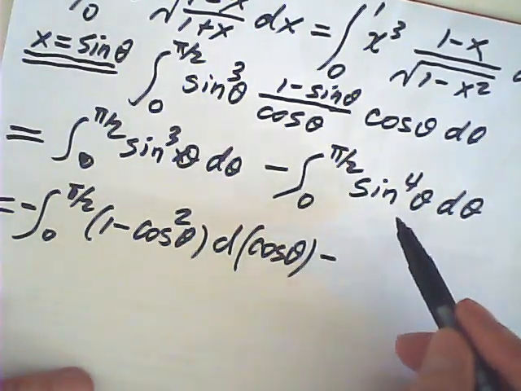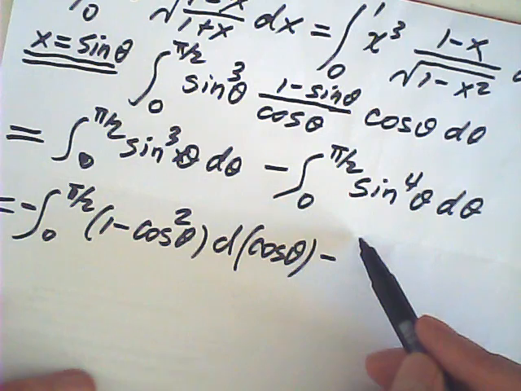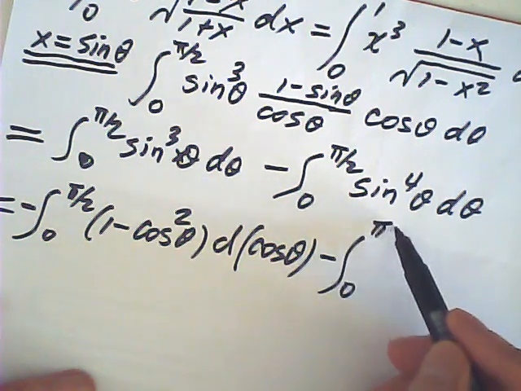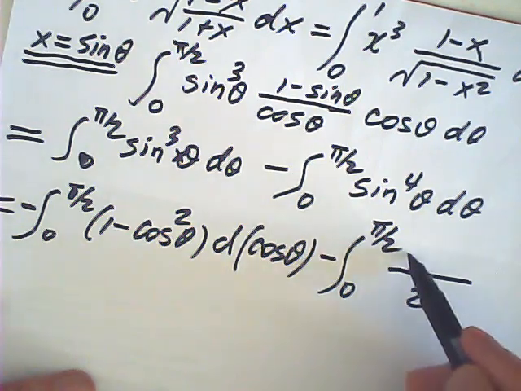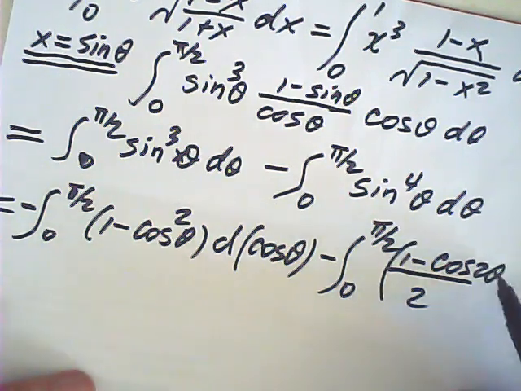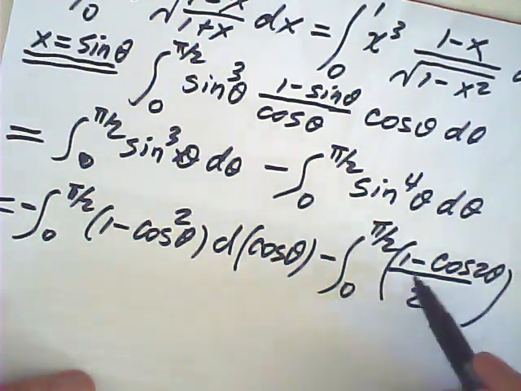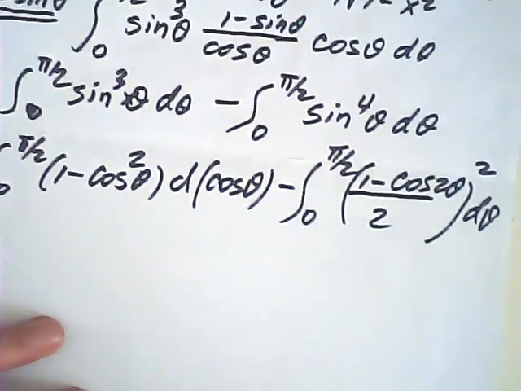For this one, I just change. This one is equal to 0 to half pi. This is half, 1 minus cosine 2 theta, right? This is sine square, d theta. Yeah.